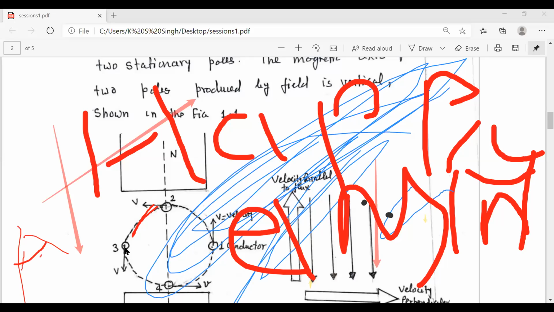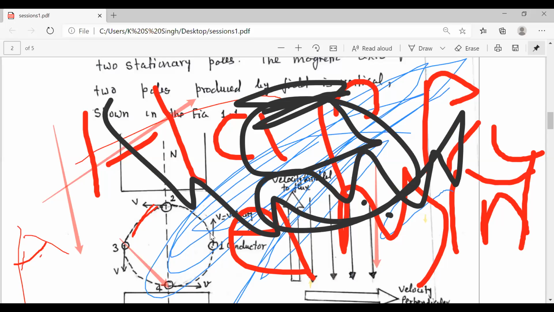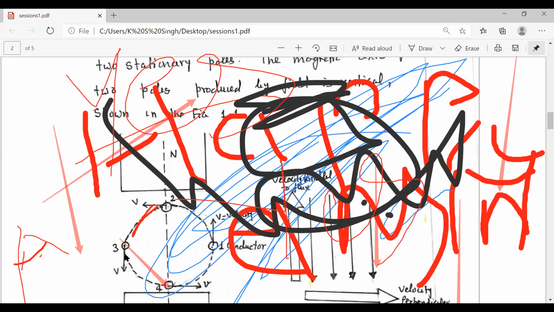When it moves further from 3 to 4, the velocity is opposite to that from point 1 to 2. So flux is cut by the conductor and voltage is induced, but it is increasing in the opposite direction.